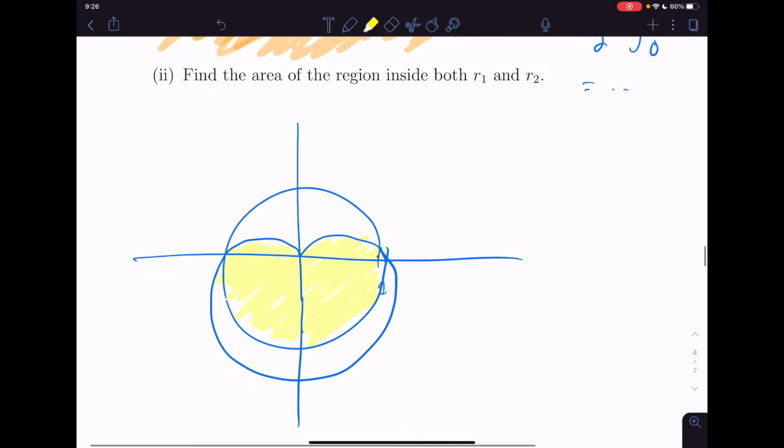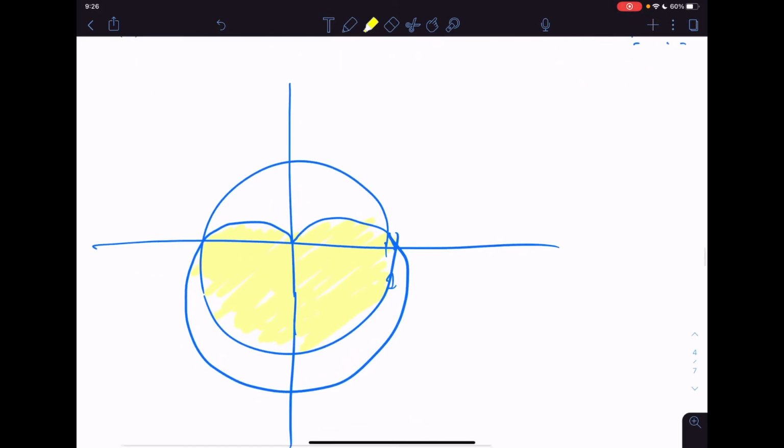Notice that for this tiny cardioid in the middle, depending on what ray we use, for example, if we are in the first quadrant, the area being contributed to the desired quantity, which is going to be that area, actually only encounters one of the two functions. It encounters everything up to right here, R2.